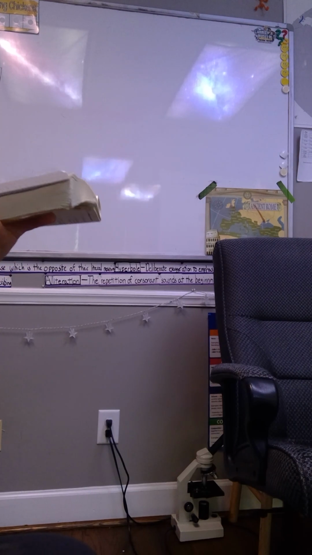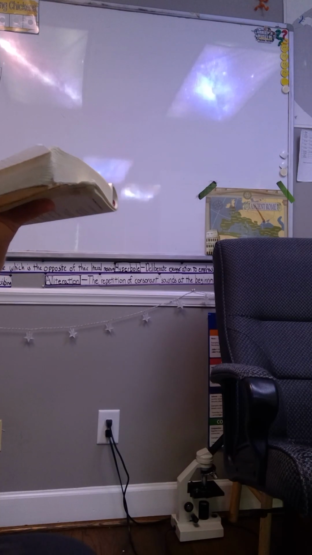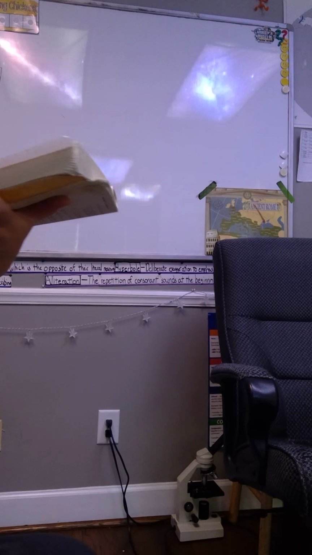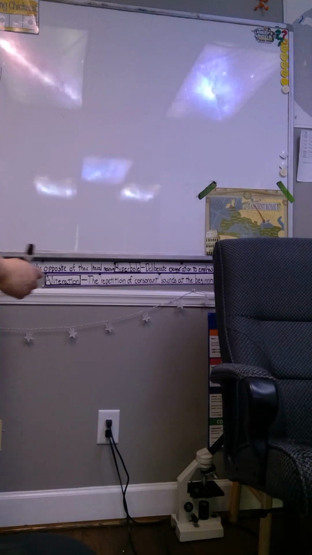It says, rewrite the story as a problem by removing one of the numbers and writing a question. You can remove the 15, the 20, or the 300. So which would you want to remove? The 20? Okay, so you would do something like this.